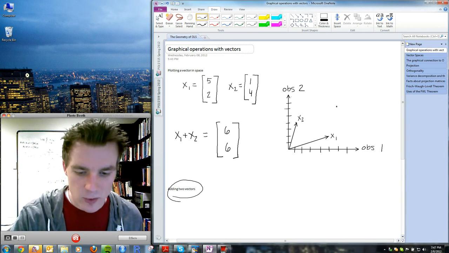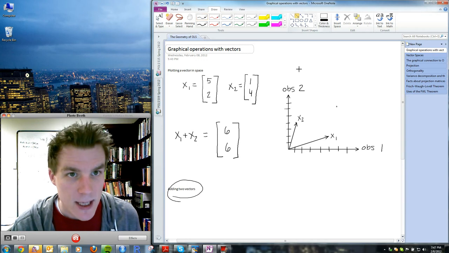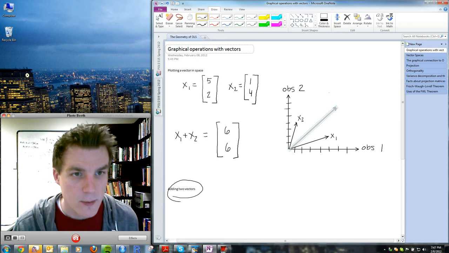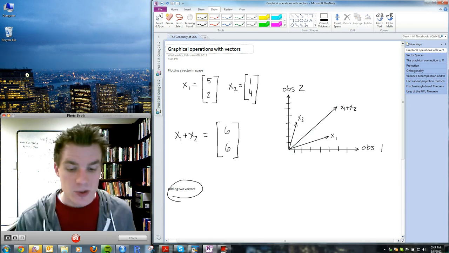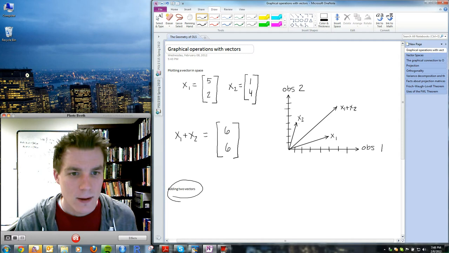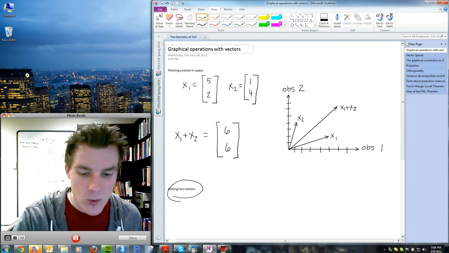If I were to graph this, it would have the location indicated by the point, and I could even put in a vector right there. This is x1 plus x2. But you might notice that x1 plus x2 is actually the sum of these two vectors graphically as well as numerically. What do I mean by that?